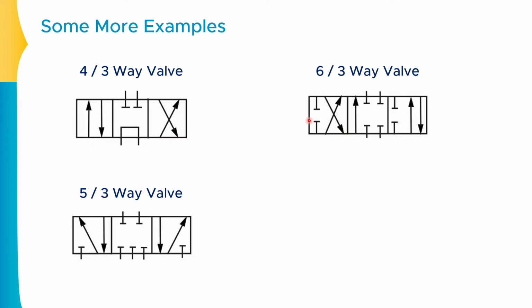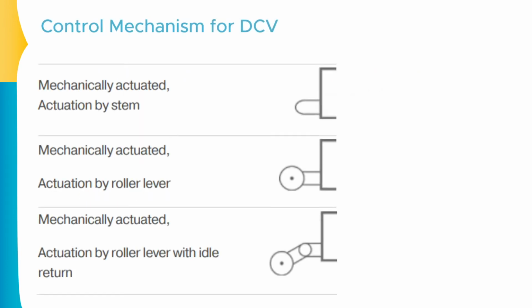Now to control the direction control valve, we use a number of options, and we are going to check out those control mechanisms, because one position will be the normal position for the valve, but to use the other position we have to use some kind of mechanism by which we can operate those positions. So those are known as the control mechanisms for the direction control valves.